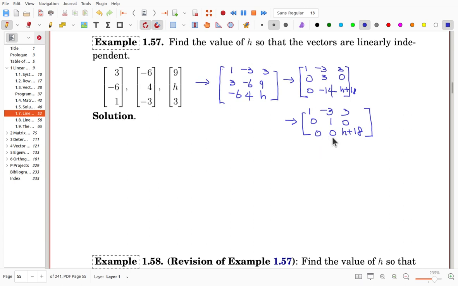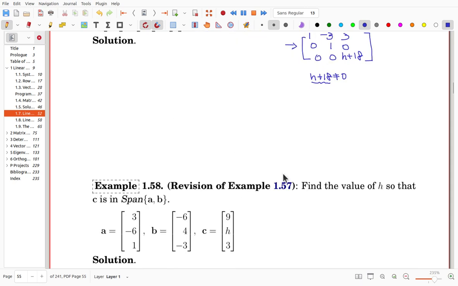To be linearly independent, the matrix should have pivots in each column, so that must be a pivot, that must be a pivot, that must be a pivot, which means that h plus 18 should not be 0. This should be non-zero. Then each column is a pivot column, so these 3 vectors are linearly independent, right? So if h is not minus 18, then they are linearly independent.